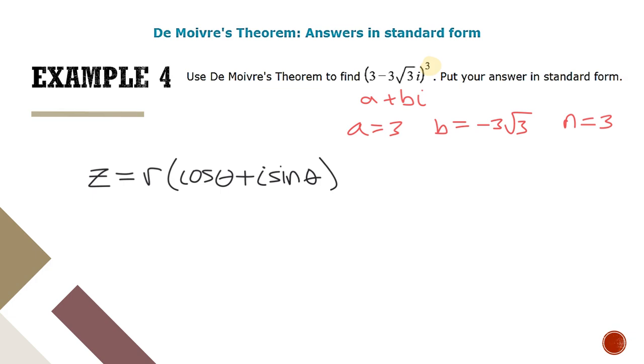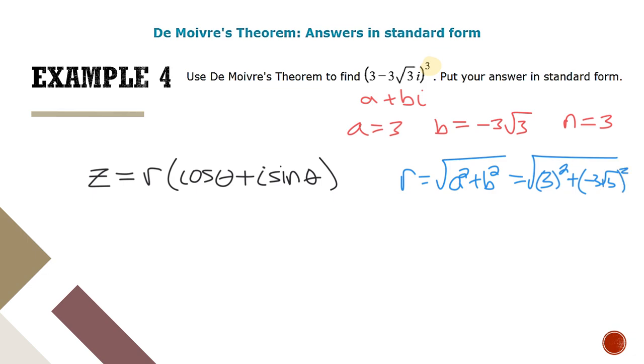Remember back when we found the radius. The radius is just the square root of x squared plus y squared, which in this situation we use a squared plus b squared. So we're going to do the square root of 3 squared plus negative 3 square root of 3, squared.